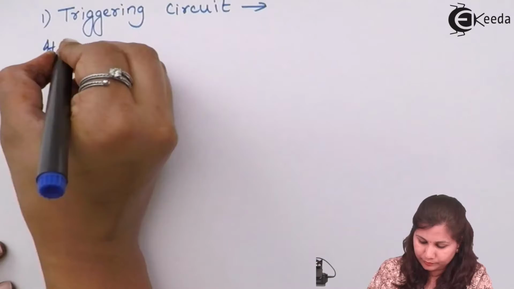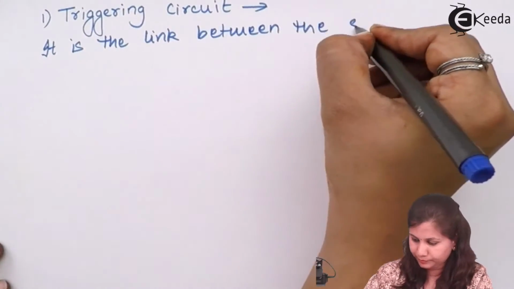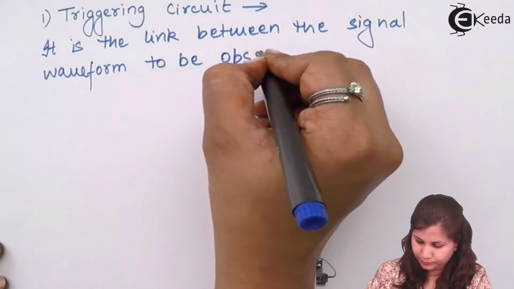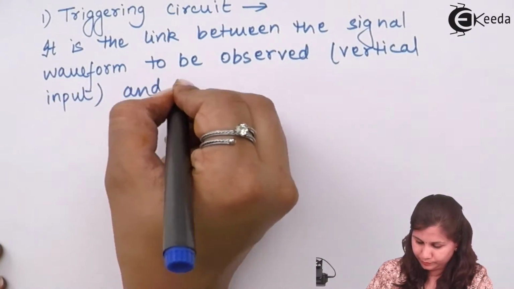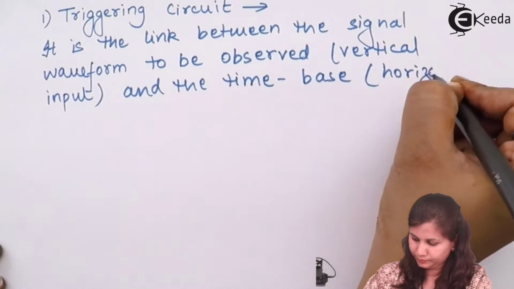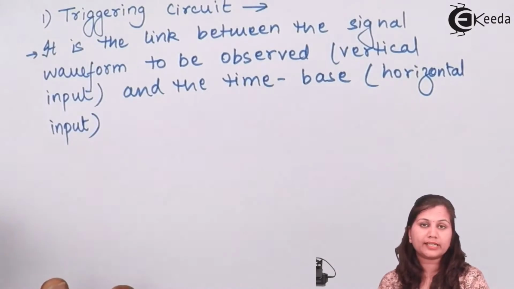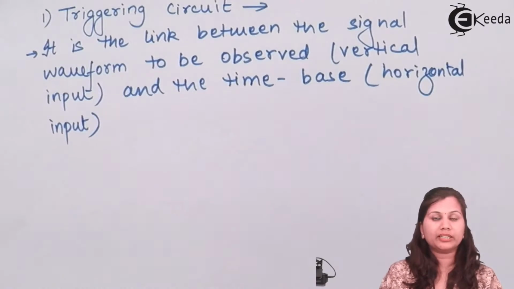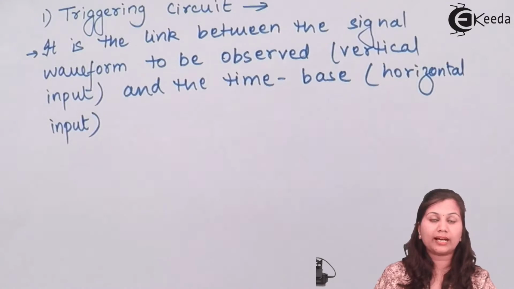Okay, so this triggering circuit synchronizes the horizontal deflection of the electron beam with the vertical deflection of the electron beam, so that both these deflections are produced at the same time.